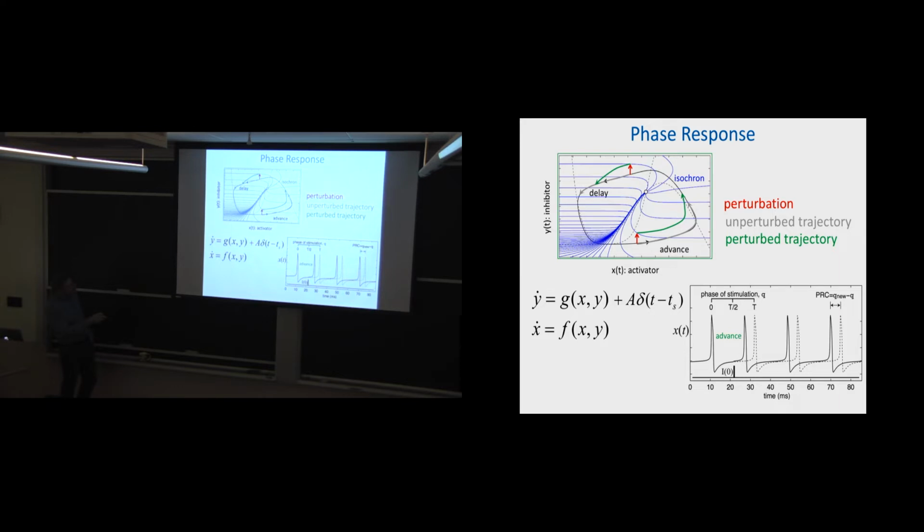And so it would be a delay, because compared to if I did not perturb it, it is behind. So the same dose, the same amount of inhibitor, has a very different response depending on where you are. And we all know this from jet lag. If we fly to Europe and then you get up in the morning and go out in the sun, then you can get a phase shift forward.